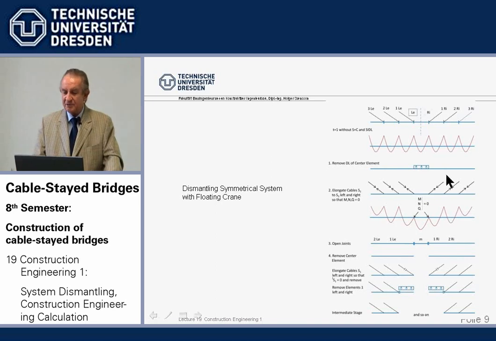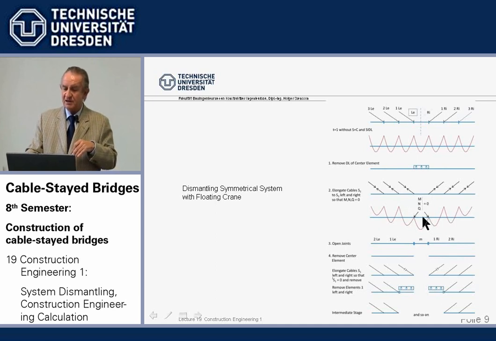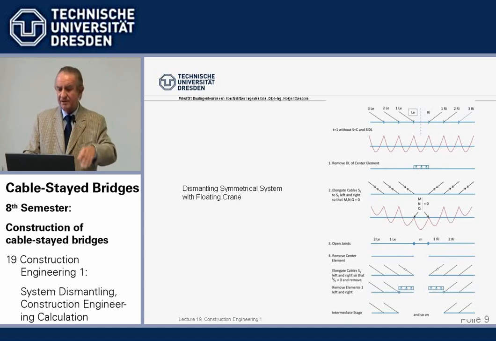Now here we have, mathematically speaking, 6 unknowns. 3, M, N and V. Here still is Q, it's meanwhile changed. Q is the German word for shear. The English word is shear also, but it's abbreviated with a V for vertical. I think in the text it's already changed.